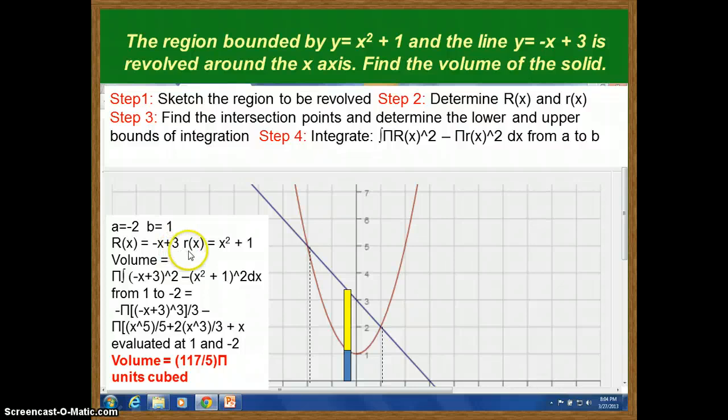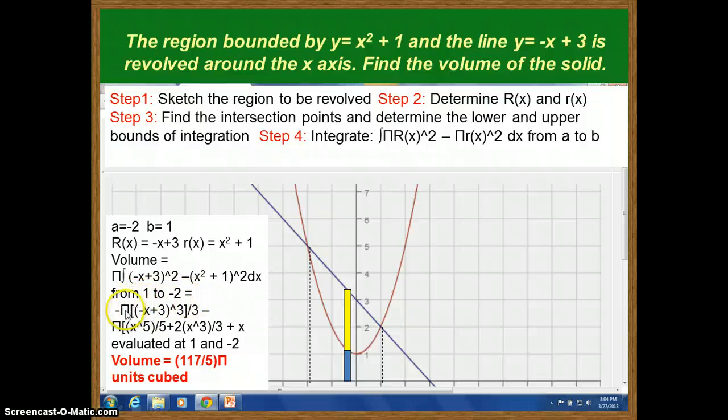The little radius, okay, as we rotate this solid, would be the parabola's value, which would be x squared plus 1. So we set this up as pi times the integral of negative x plus 3, the big radius, squared, okay, it's pi r squared, don't forget, minus the little radius, which is the hole, x squared plus 1, that quantity squared, dx, from -2 to 1.